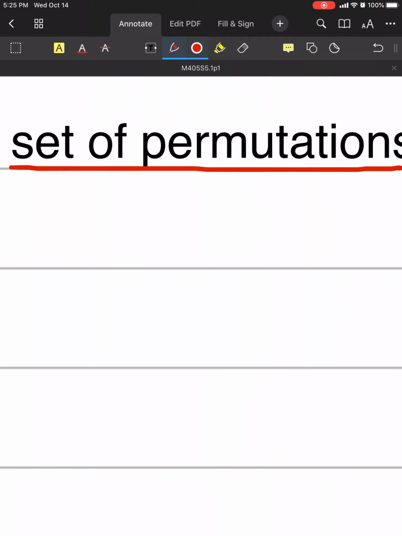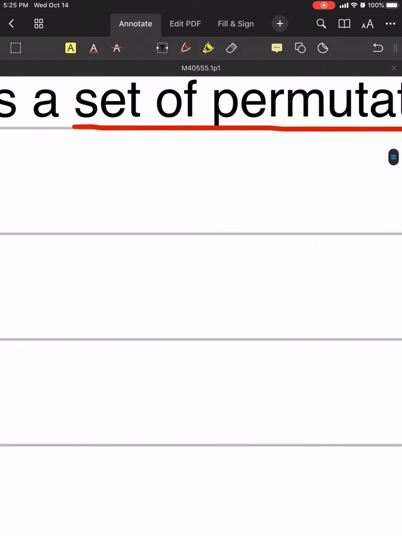A permutation group doesn't necessarily have to be all permutations.